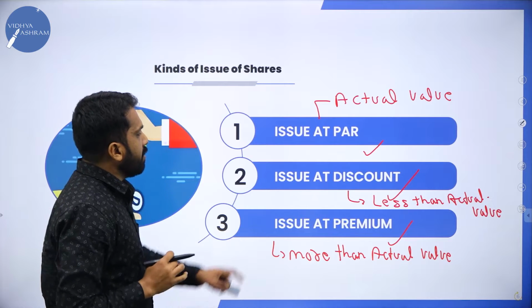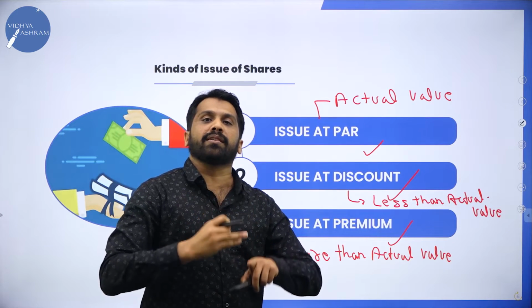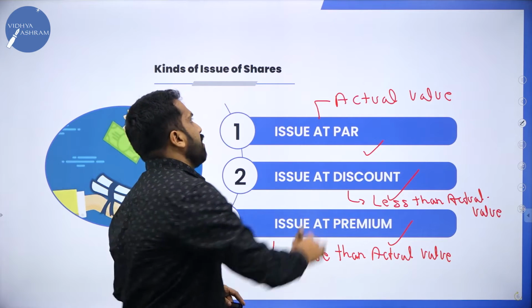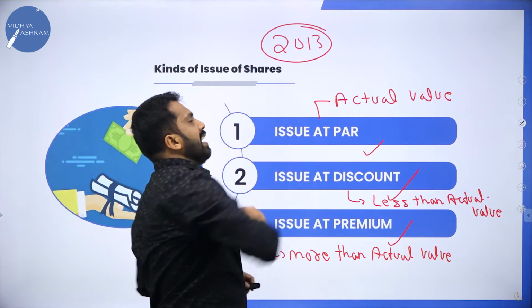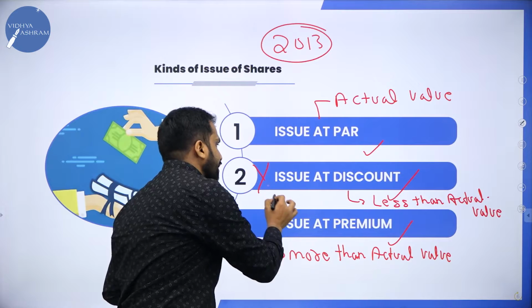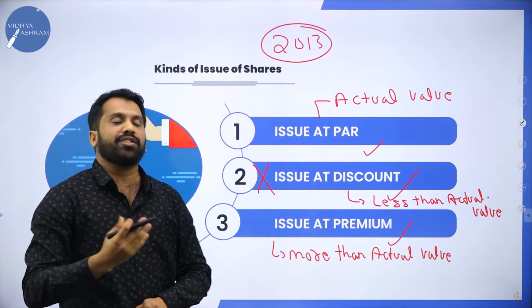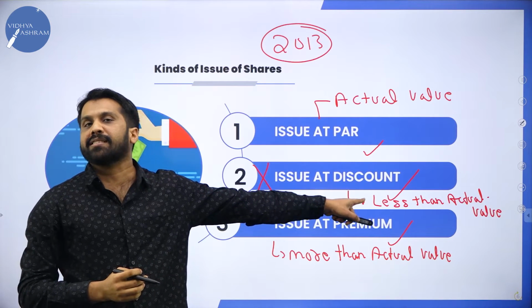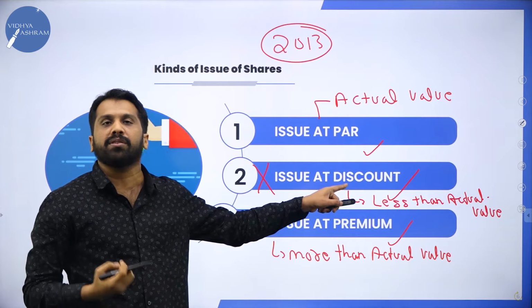Now, remember, regarding the issue at discount, we are following the Companies Act 2013. As per the Companies Act 2013, issue of shares at discount is not permitted. We cannot issue shares at discount, but in your syllabus it is still there, so you have to follow that.